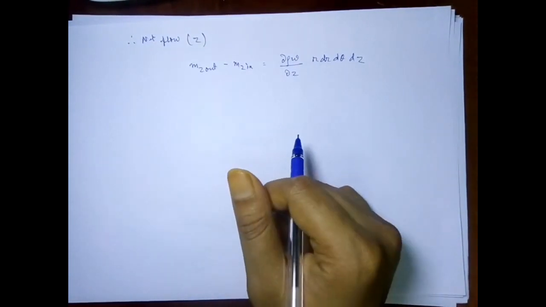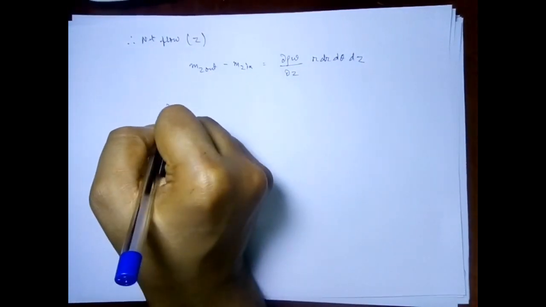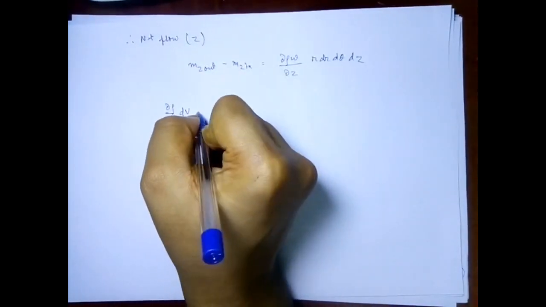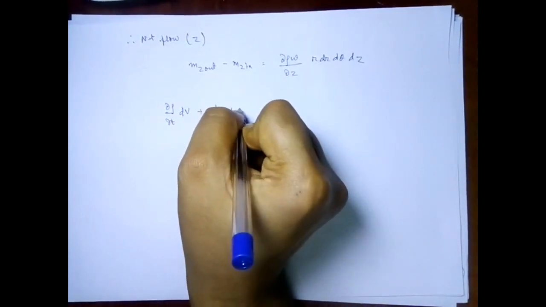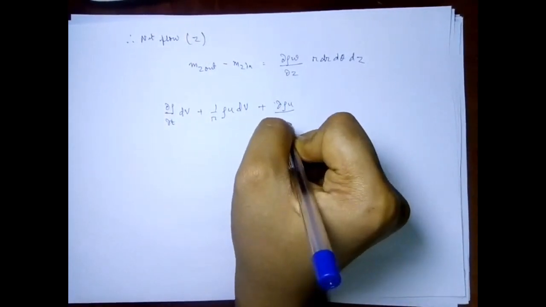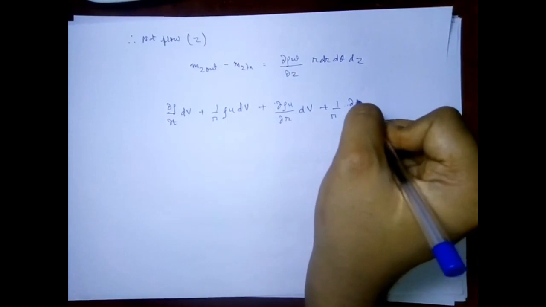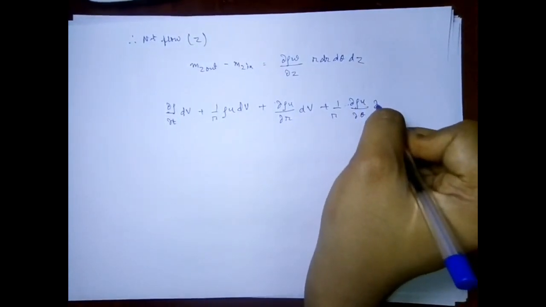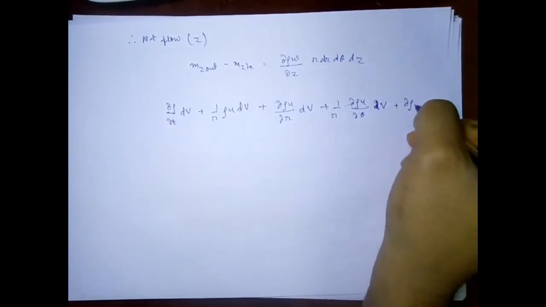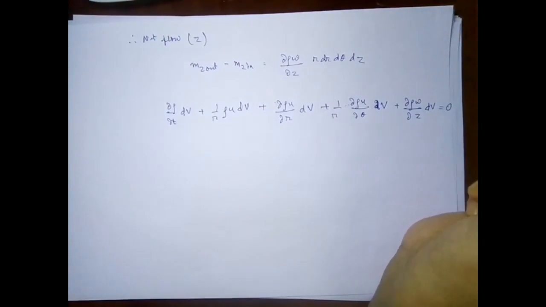Now to obtain the continuity equation, let's write it this way, in a similar way to how we got it in Cartesian coordinates: del rho upon del t dv plus 1 upon r rho u dv plus del rho u upon del r dv plus 1 by r times del rho u upon del theta dv plus del rho omega upon del z dv, and that is equal to 0.